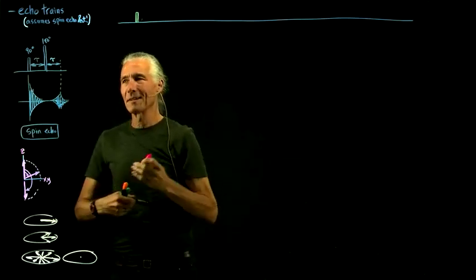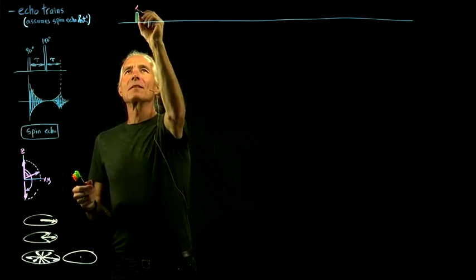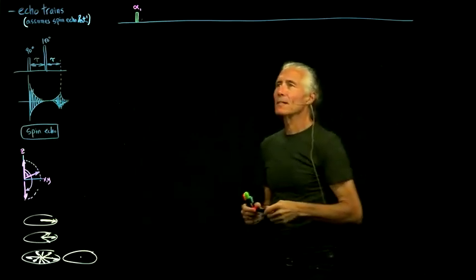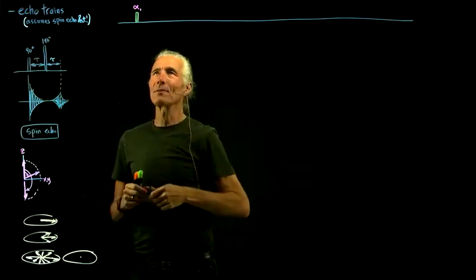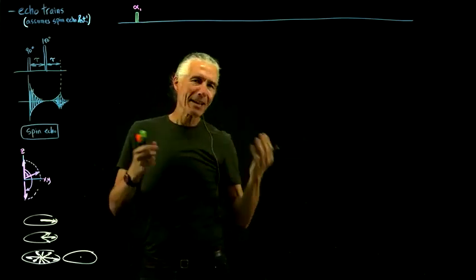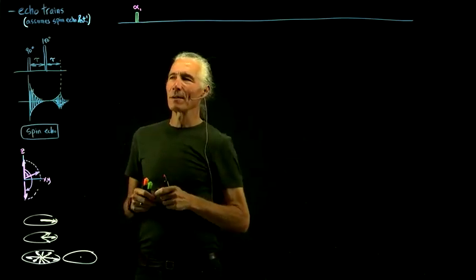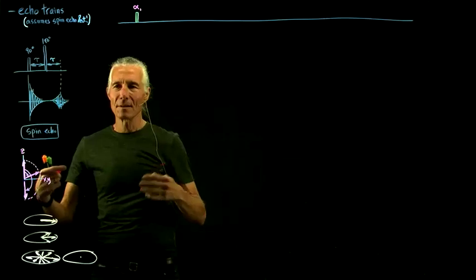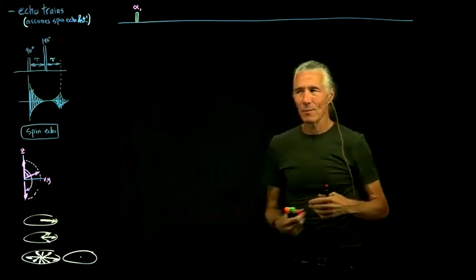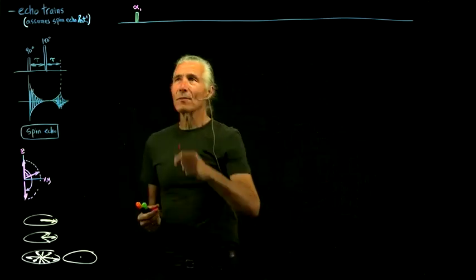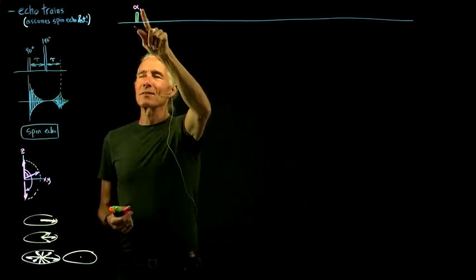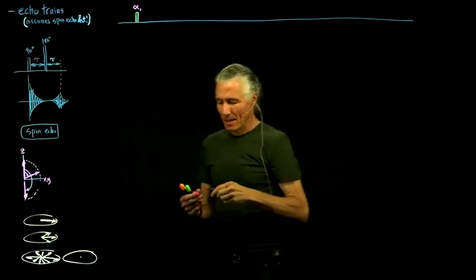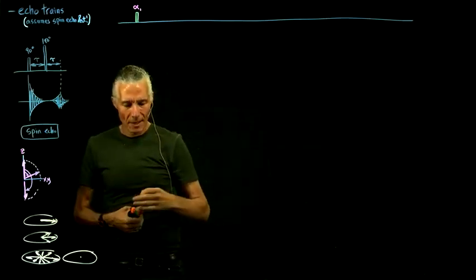In MRI, when they want to refer to a pulse that's just any old angle, they use alpha, meaning it could be a 30-degree pulse, meaning it only went 30 degrees, or it could be a 90, or whatever. It doesn't have to be 90 or 180. So that's the first pulse, it's just whatever.